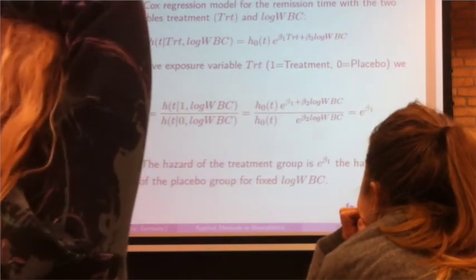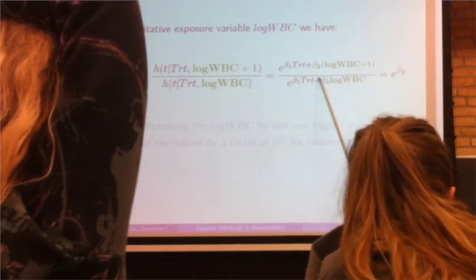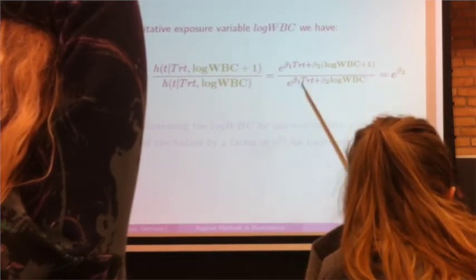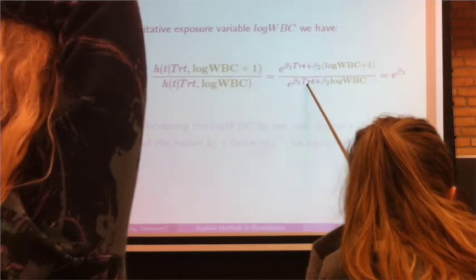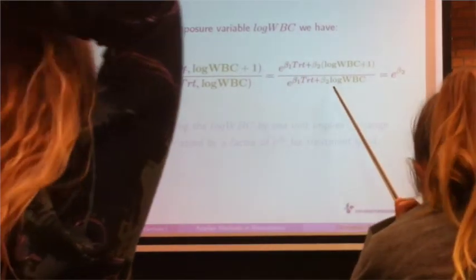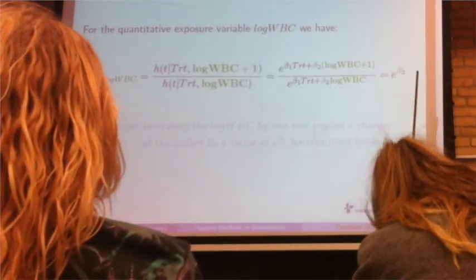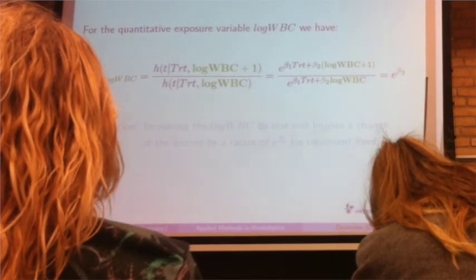So we add 1 to the logarithm of white blood count cells and simplify this expression. These terms drop out, and it remains the expression e to the power of beta 2.